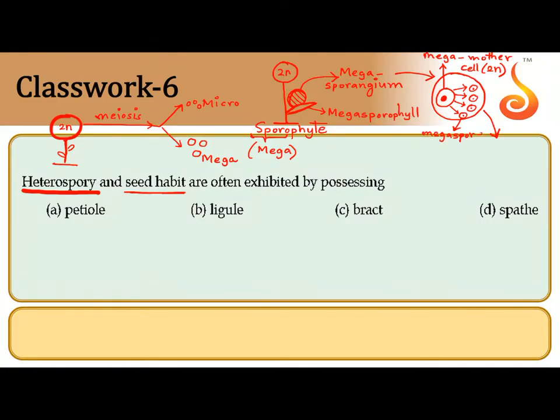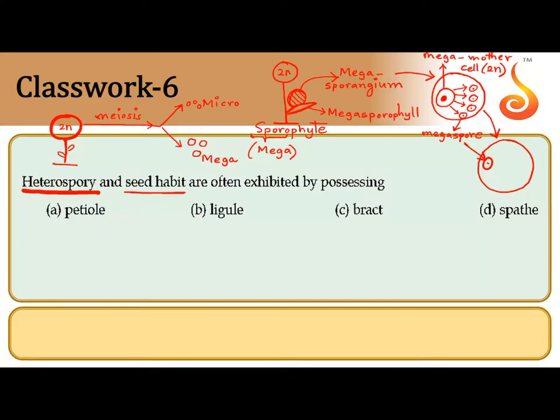So the megaspore mother cell that is sitting inside the megasporangium underwent meiosis to form the megaspore. Usually one megaspore is what survives. So one of the megaspores is surviving, but it does not want to come out.